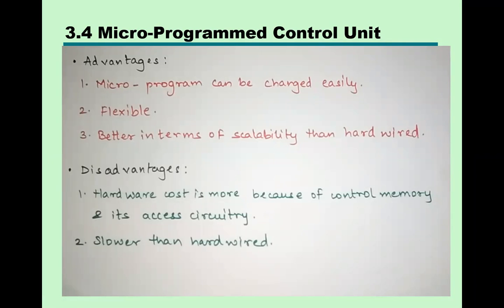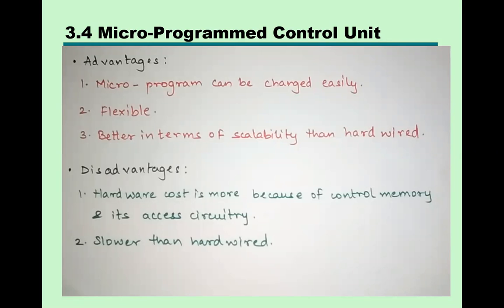Because in hardware, the hardware is static, and whatever input you give to that circuit, you will get the output accordingly. The control signal will be generated for that. But here it is like a program, so there is logic involved. As per the logic, the control signal will be generated. So obviously the microprogram is slower and the hardware is faster.